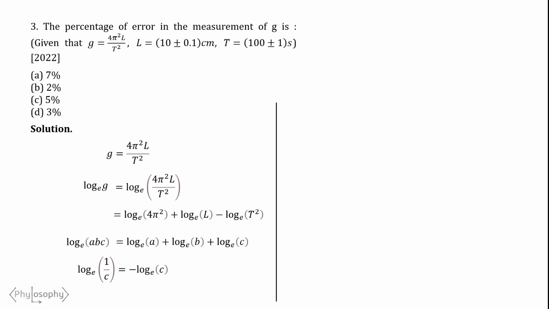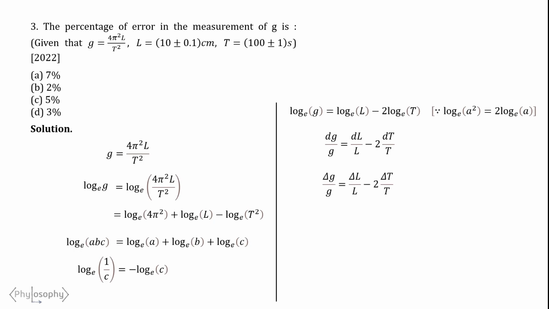And for the rest of the terms, we can write log of g equals log of L minus 2 times log of T. Here we use that log of A square equals 2 times log of A. Now differentiating both sides of the equation, we can write dg over g equals dL over L minus 2 times dT over T. And writing this expression in terms of maximal permissible fractional error, we can write delta g over g equals delta L over L minus 2 times delta T over T.